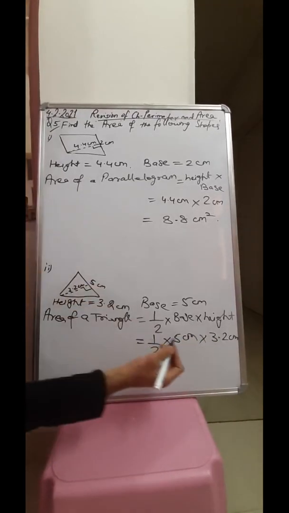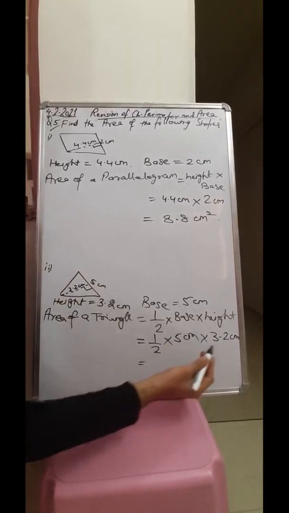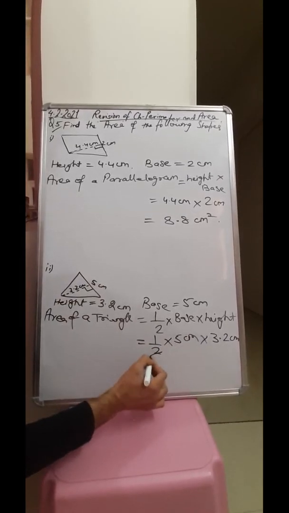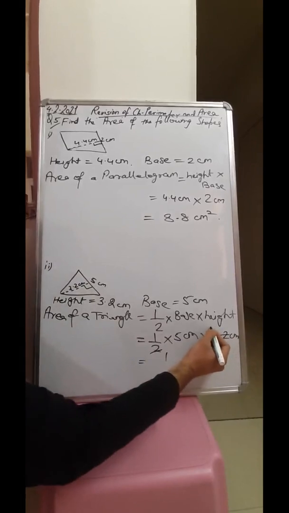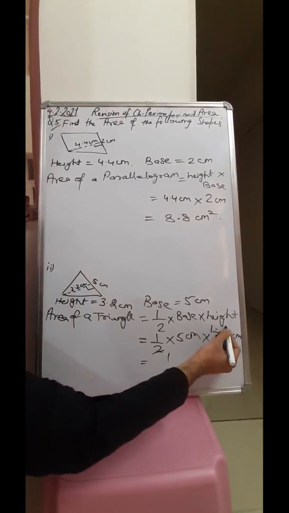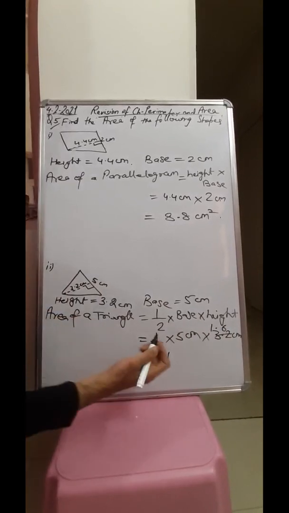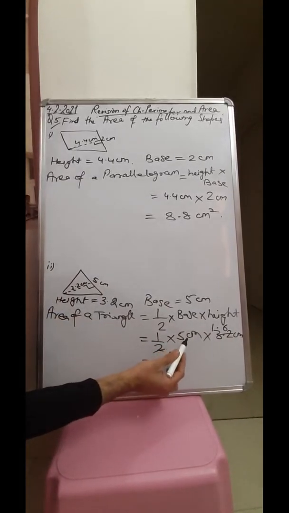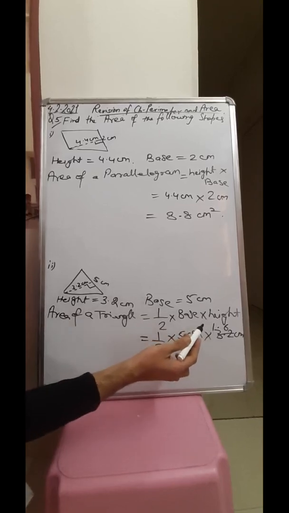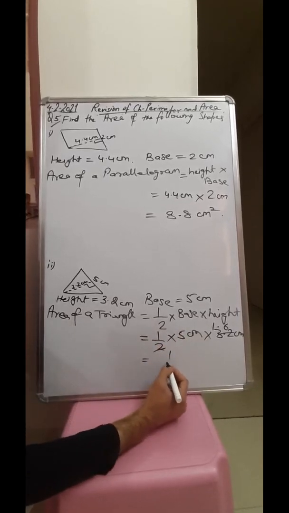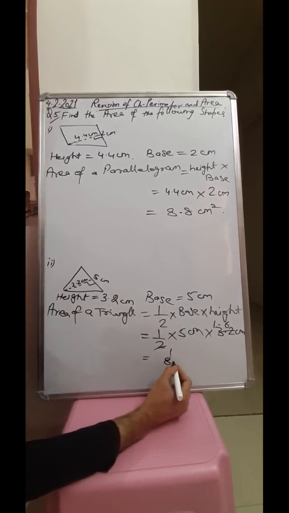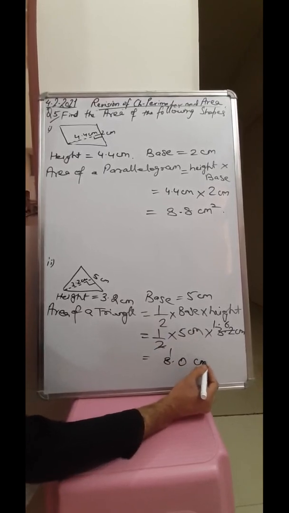So here 5 we can't divide by 2, but 3.2 we can divide by 2. So 2 1 is 2, 2 1 or 0.6. So it will give you 1.6. So now we can multiply: 1 5 is 5, and 5 1.6 will give you 8.0 centimeter square.